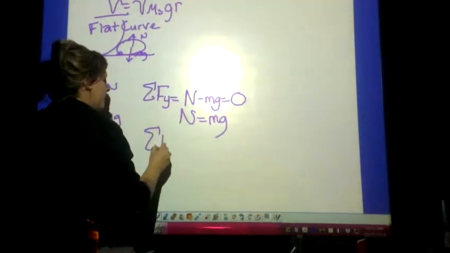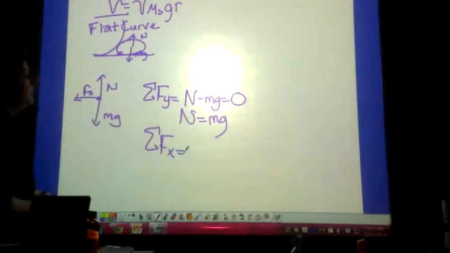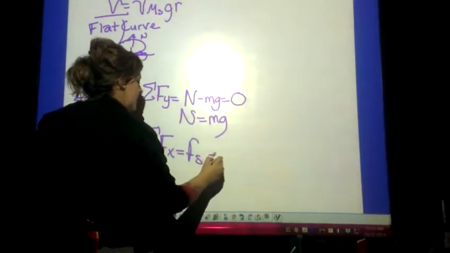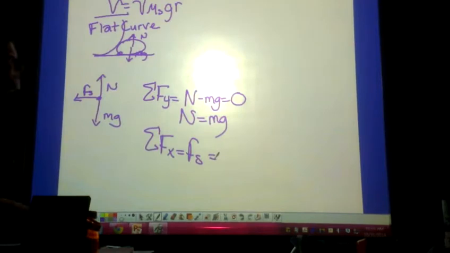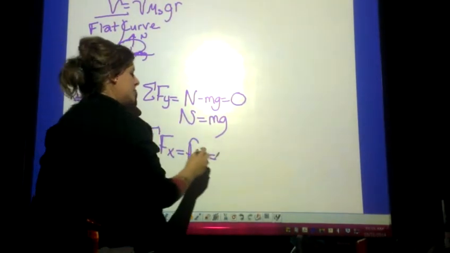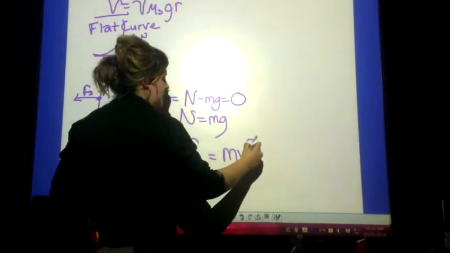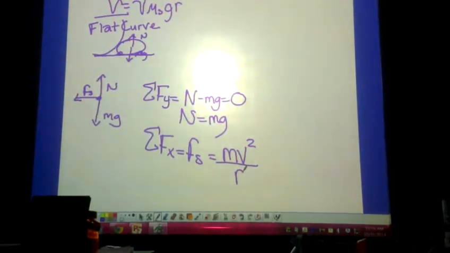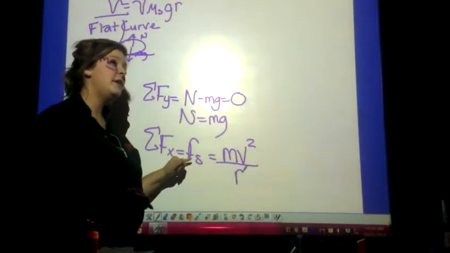So if I do the sum of the forces in the x direction, that would give me static friction equal to my centripetal force, because it's accelerating around that flat curve in the horizontal direction. So that would be mv squared over r. Let's simplify this.